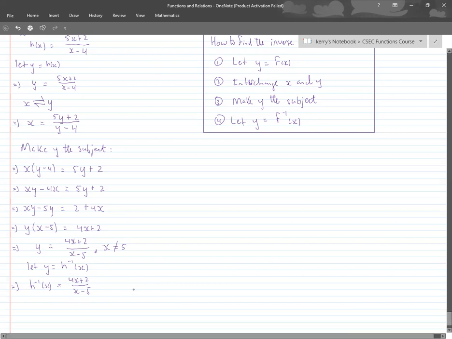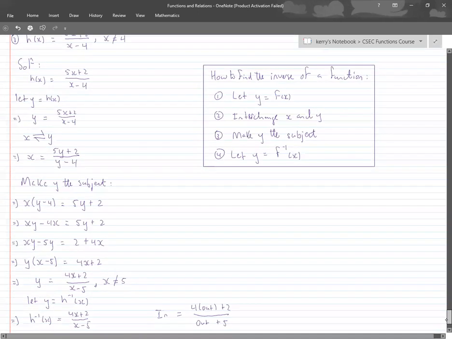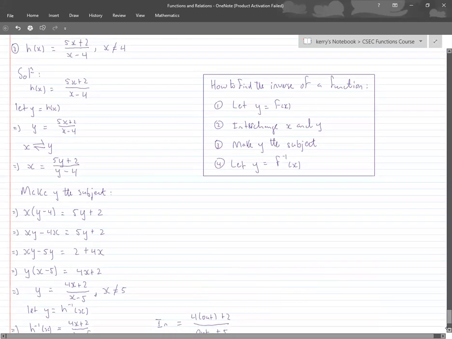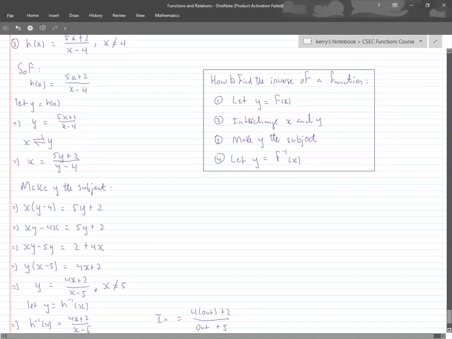As we did in the last question, the inverse tells us how to find the input. You take 4 times the output plus 2, all over the output minus 5. So if you are given the output, this is how to find the input. That's what h inverse of x tells us. So this here is how we find the inverse of a rational expression.